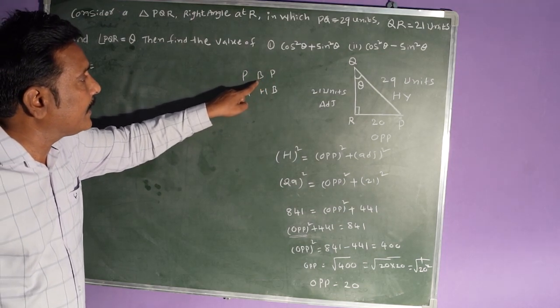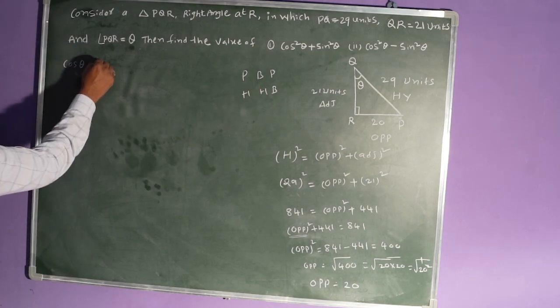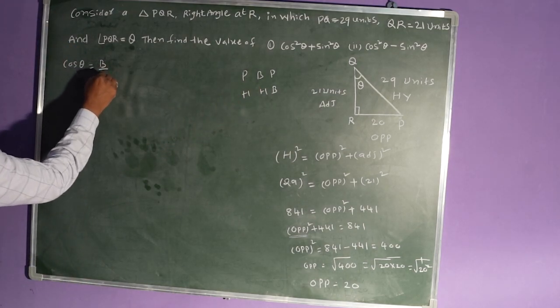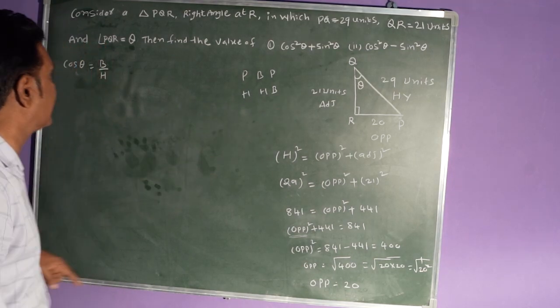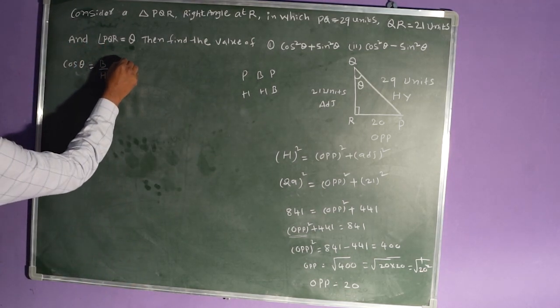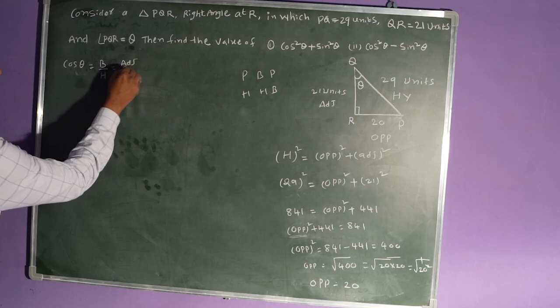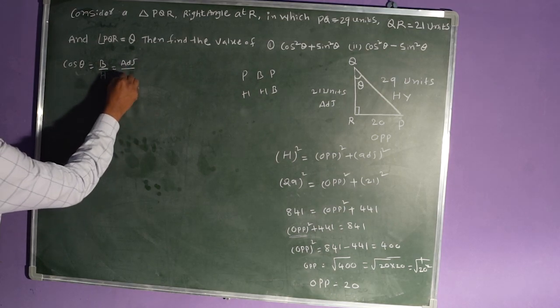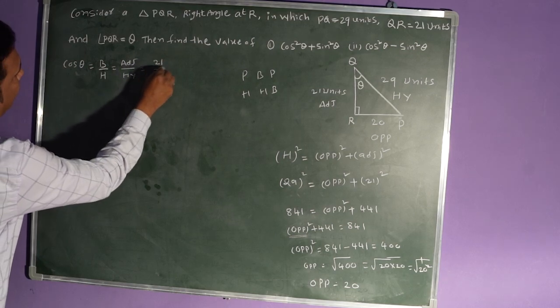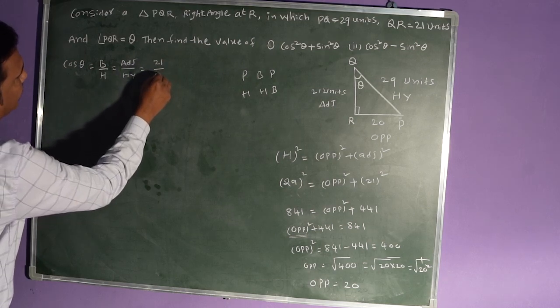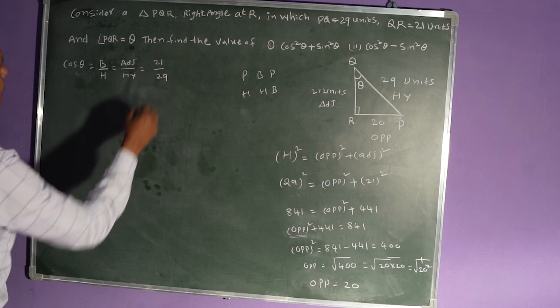Cos means B by H. Cos theta is equal to B by H. B means base. Base means adjacent. Adjacent by hypotenuse. Adjacent is equal to 21, hypotenuse is equal to 29.